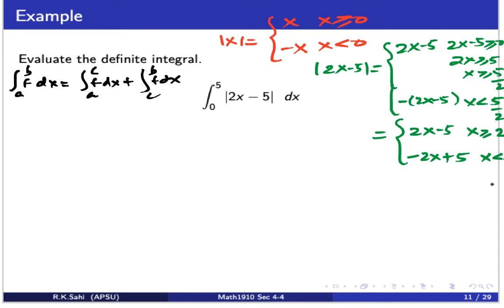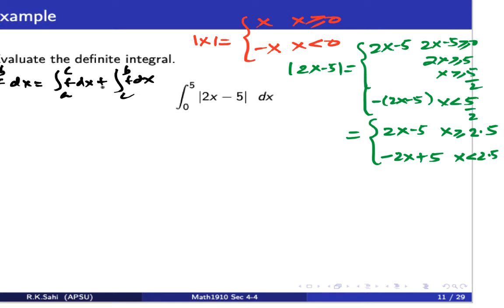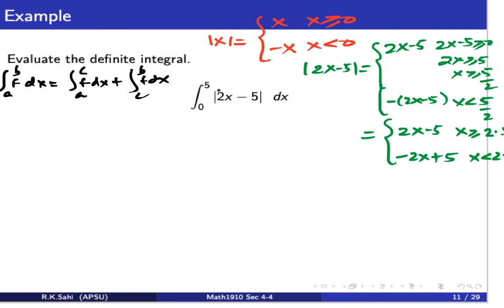Notice 2.5 is a value between 0 and 5. So we're going to apply this idea here. Our original integral is now going to be written as the integral from 0 to 2.5.